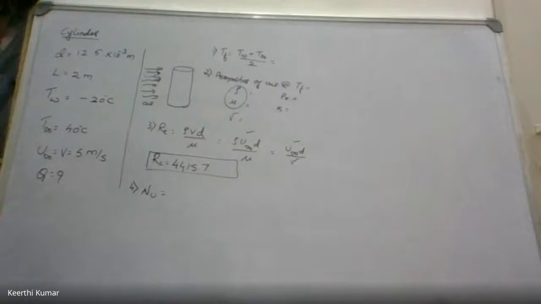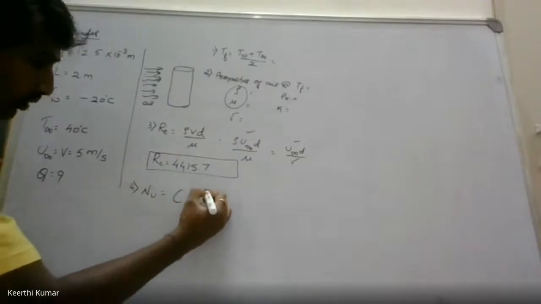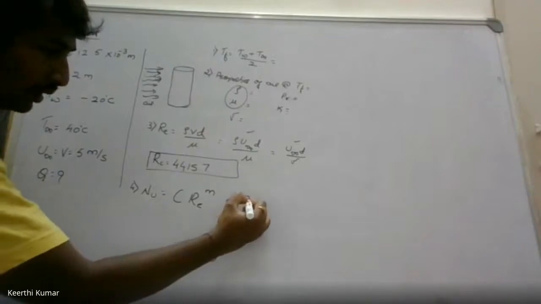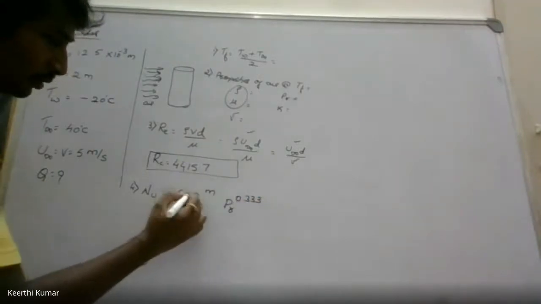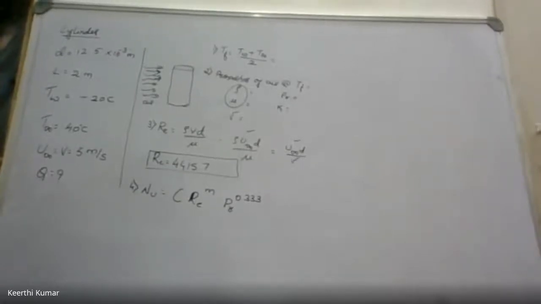Okay, I'll write this. Nusselt number is equal to C into Re to the power of m, Prandtl to the power of 0.333. Whether the formula I selected is correct or not, just check from this. He told for the value of C and m, refer below.